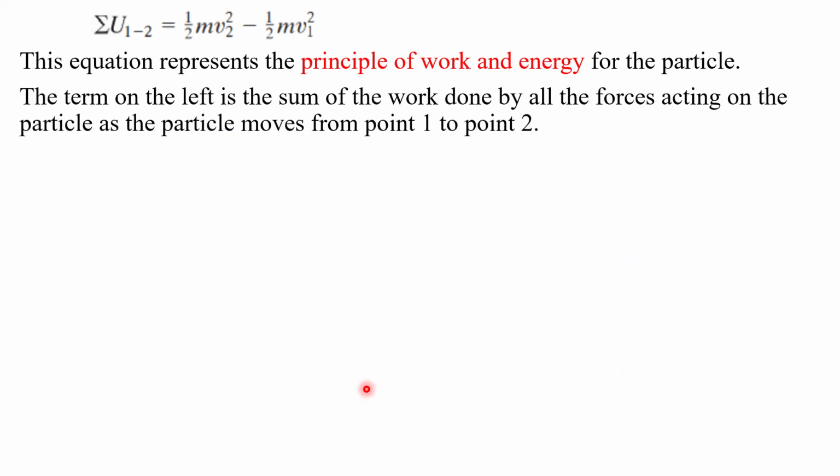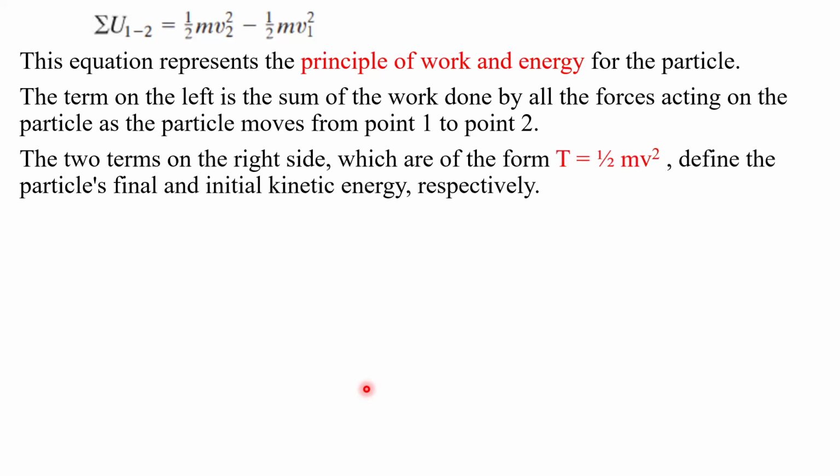The term on the left is the sum of the work done by all the forces acting on the particle as the particle moves from point 1 to point 2. The two terms on the right side, which are of the form T is equal to half m v squared, define the particle's final and initial kinetic energy, respectively.